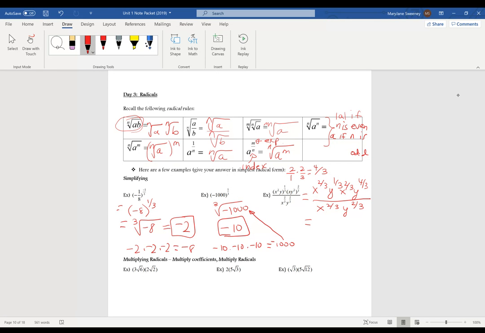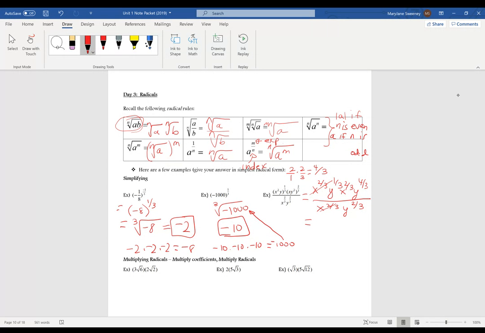Since these are the same, x to the 2/3 and x to the 2/3, I might just reduce those. We can do that because it's factors. If there were a plus or minus sign in here, we would not be able to cancel those. But because it's all multiplication, we can cancel those.